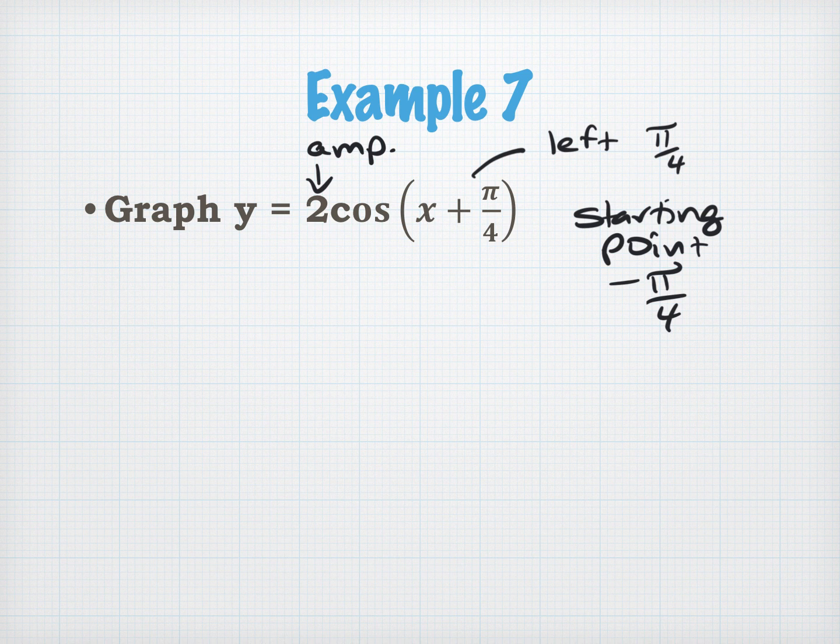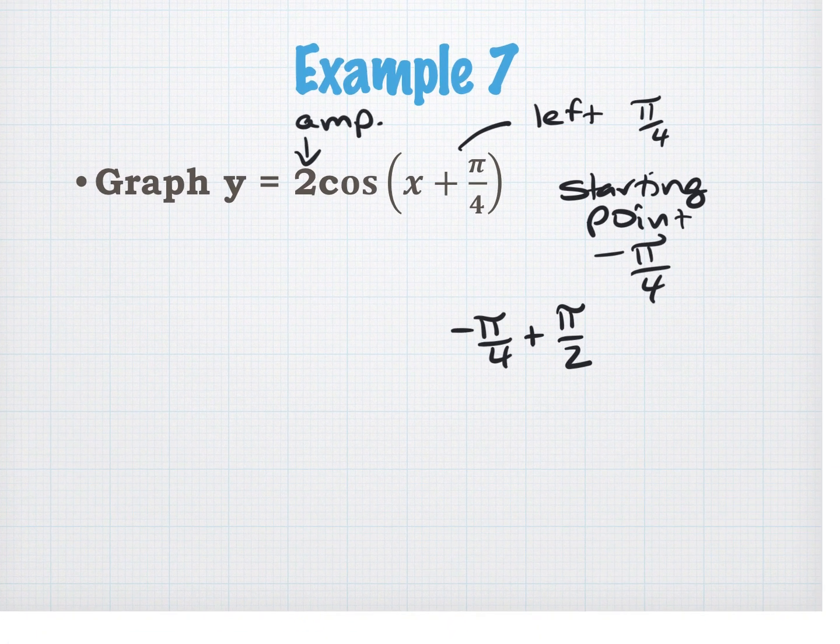So now, again, I take that starting point, negative pi over 4, and I'm going to find 4 key points to the right of it by adding pi over 2. Again, I need to find a common denominator. My common denominator is going to be 4, so the first fraction is good, but the second one becomes 2 pi over 4.